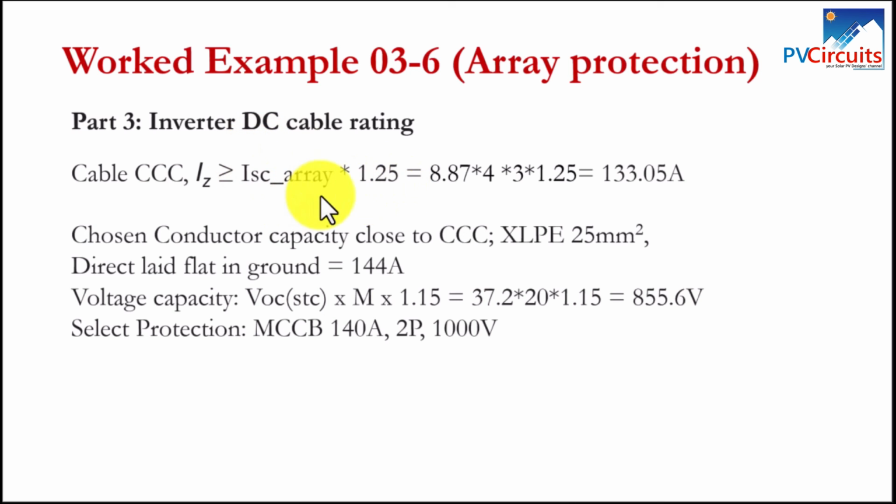That means the total sub-array currents times 1.25, and the figure that we have here is 8.87 times 4 strings per sub-array times 3 sub-arrays times 1.25, and the total current is 133.05 amps. So this is the current that will be passing in that cable. We move on to the table again to locate the cable which has a capacity to carry 133.05 amps.